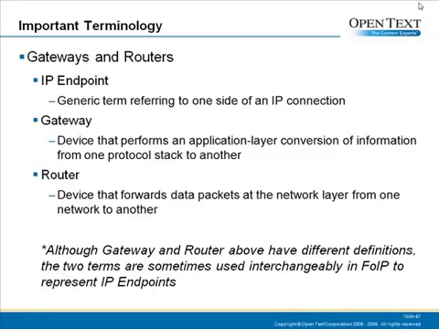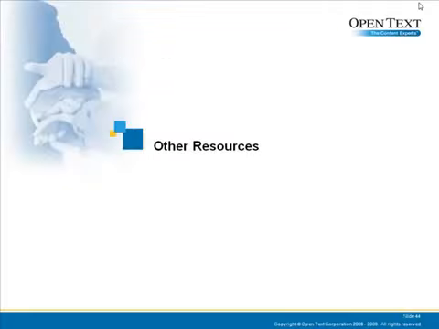A router forwards data packets at the network layer from one network to another. Although gateway and router are two very different things, the terms are sometimes used interchangeably in fax over IP to represent IP endpoints.